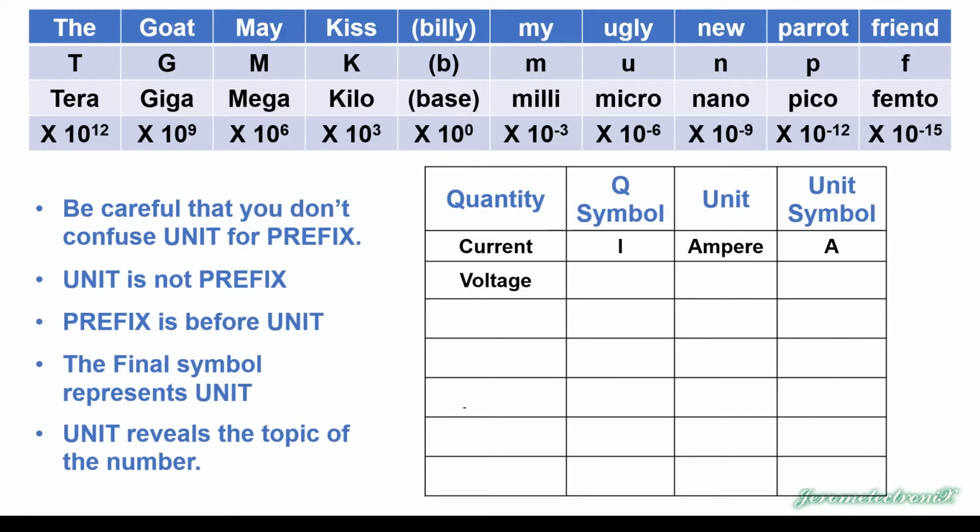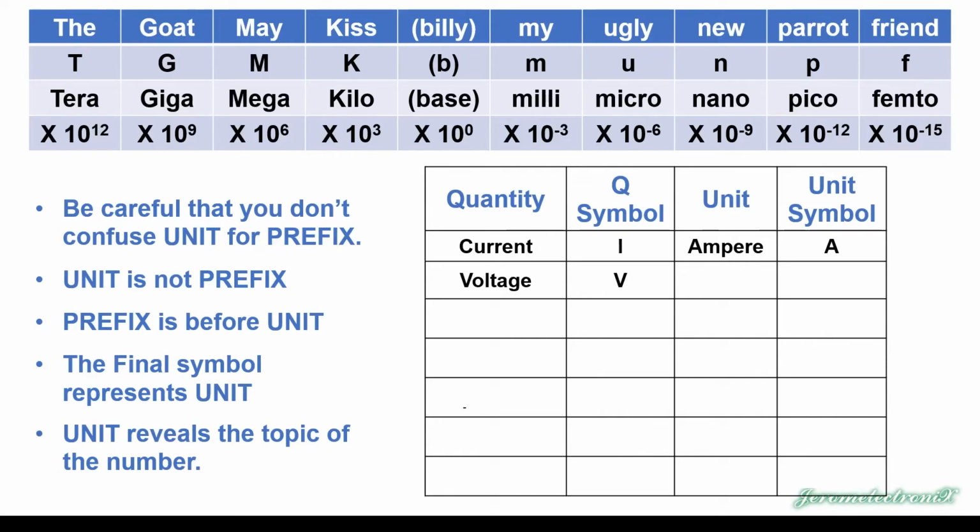For voltage, V. Now, this is technically incorrect. It should say electromotive pressure or electromotive force. The quantity should be electromotive force, electromotive pressure. The symbol should be E, and sometimes it is.